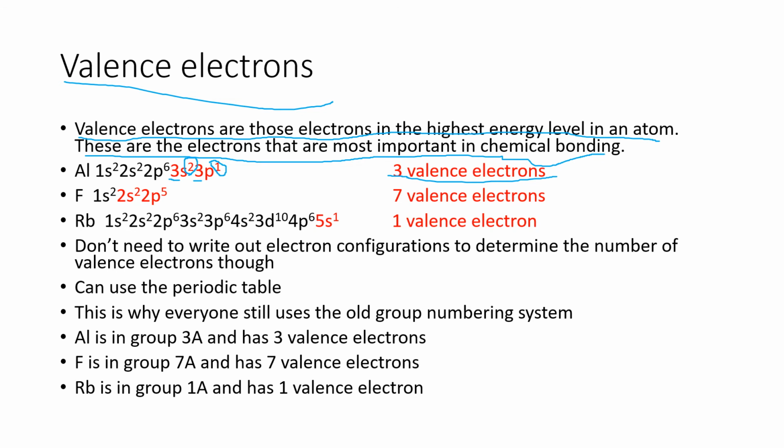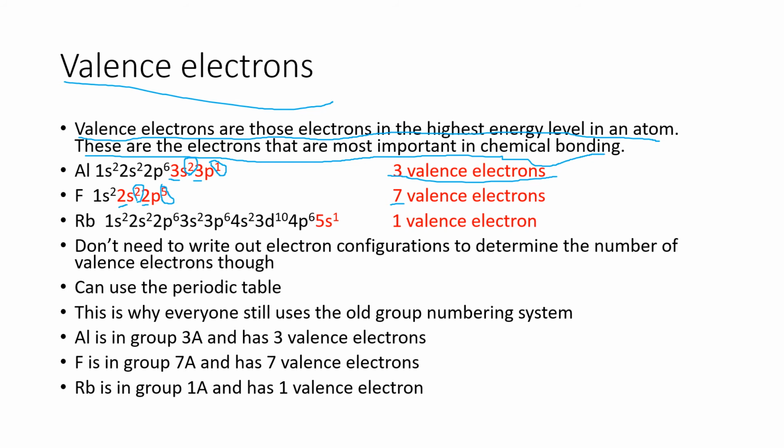If I do this for some different elements, if I do the same thing for fluorine, fluorine's 1s2, 2s2, 2p5, the highest energy level is the second energy level. Well, if I look at how many electrons are in that highest energy level, 2 are in the s, 5 are in the p, that's going to give me my total of 7 valence electrons.